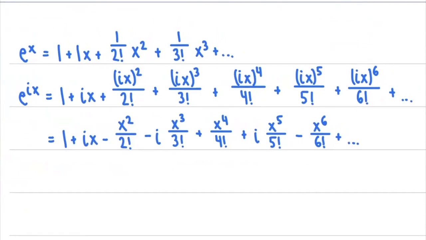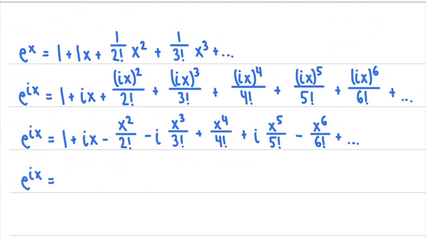So it looks like we have some terms with no i in it and some terms that do have i in it. So let's group these terms.